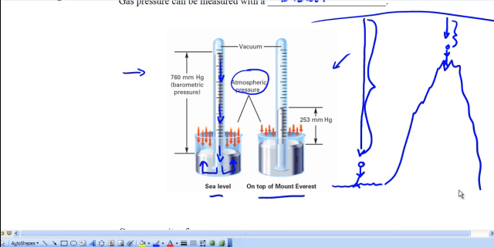Now, because that 760 millimeters of mercury is the average pressure at sea level, we say that that is equal to 1 atmosphere, because you have 1 atmosphere, and I'm going to abbreviate it ATM, pressing down on you. So as it turns out, 1 atmosphere is going to be equal to 760 millimeters of mercury.